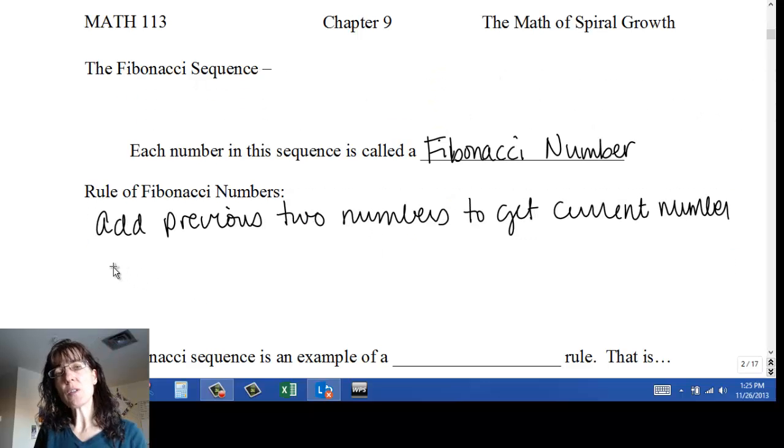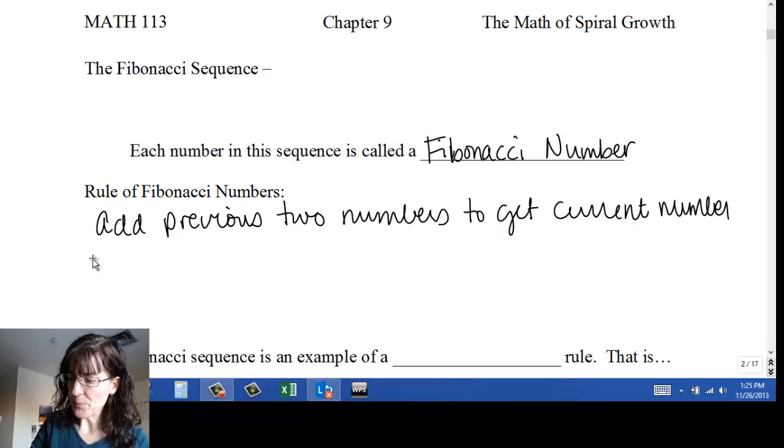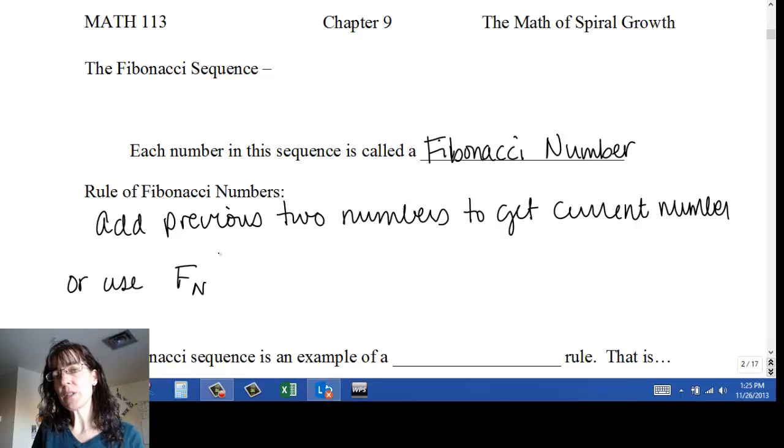And then we also have a formula that helps us find a particular number. So if we don't want to list out all the way from 1 up and up and up to the number that we want, say 35, we do have a formula which we could use. And it looks like this. We use F sub n, and that means whichever sequence entry you want, whichever Fibonacci number you want, we would put that in for the big N there.